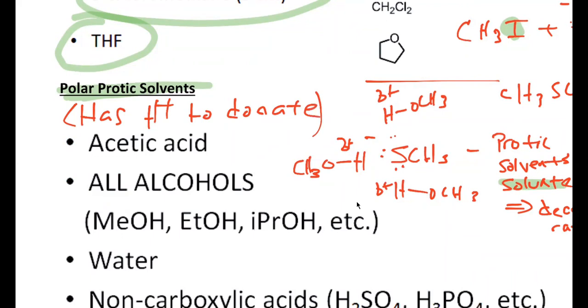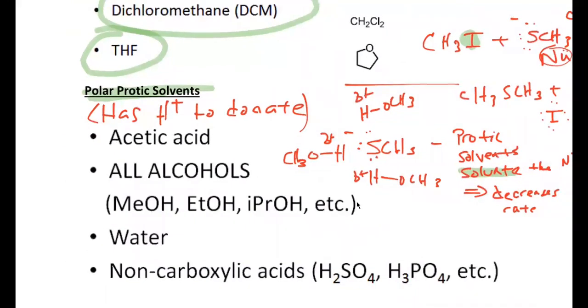Because that's what it means when you have an H+ to donate. It means you are acidic, like a Bronsted acid type solvent. So water, any alcohol, any carboxylic acid is going to be considered protic, right?